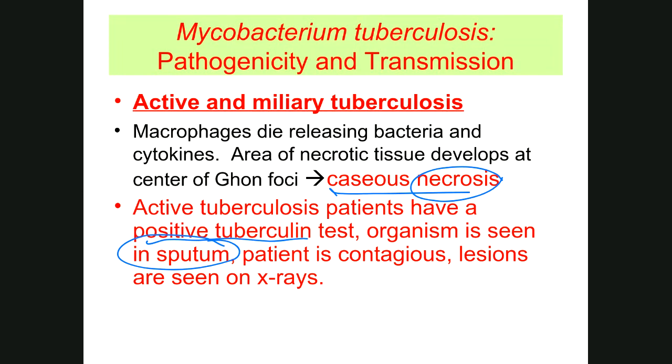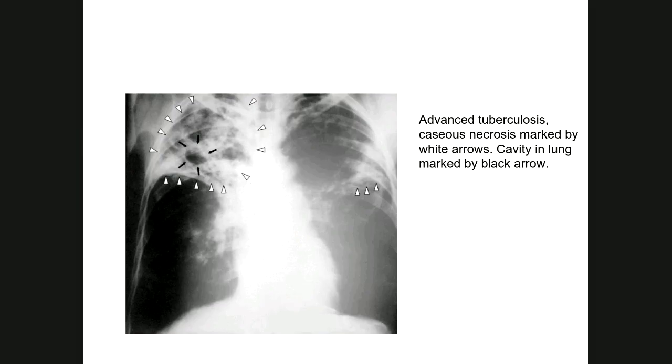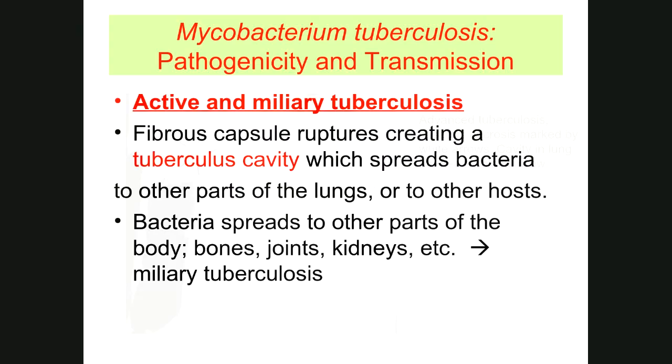So the antigen is there. It's not just the antibody, but the antigen. The patient is contagious, and we can see lesions on the X-ray. So active tuberculosis gives us a contagious patient. This is showing you the lesions right there and lesions right here, tuberculosis lesions in an X-ray of the lungs.